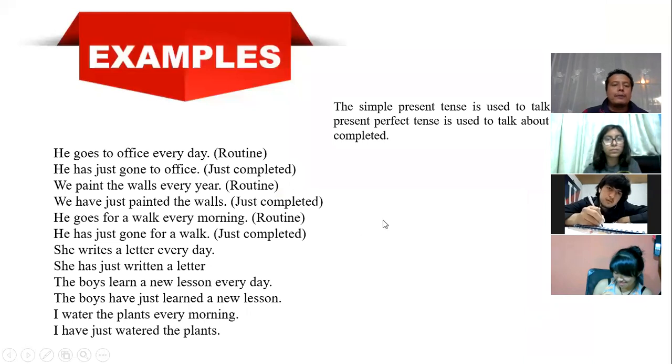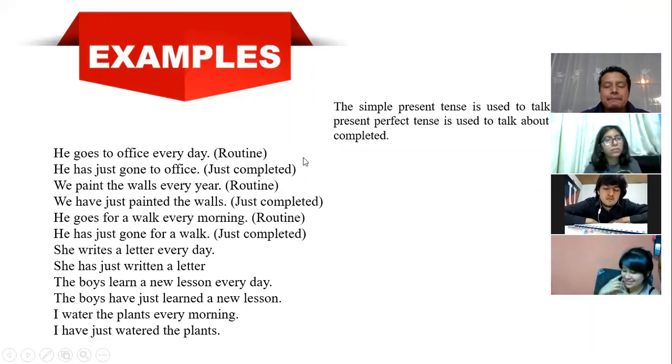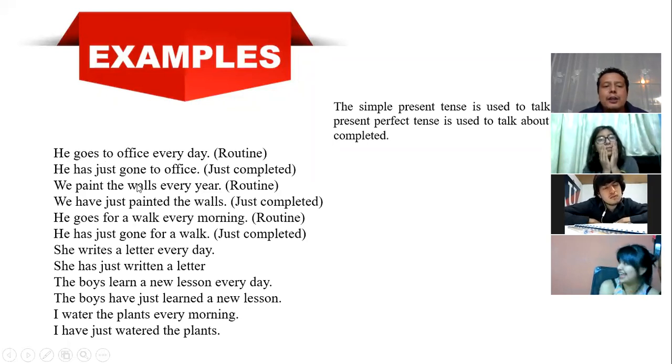Now we have a lot of examples. If you have a routine, a sentence that expresses a routine is in present tense, right? For example, the first example is: he goes to the office every day. We add the letters es to go. This is present simple tense.